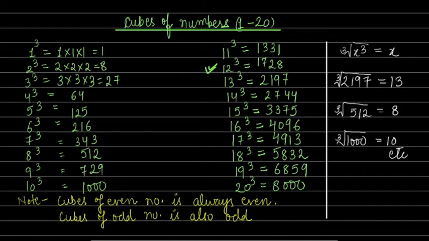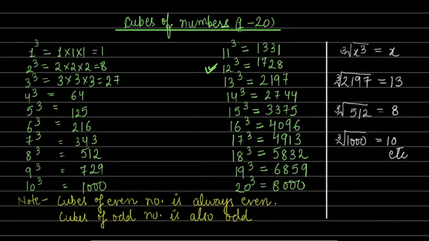Let's take one more example, example 2. The number is 4104. If I split it as 4096 plus 8. And this slide is very important to understand this concept. We have to split the numbers according to this table.